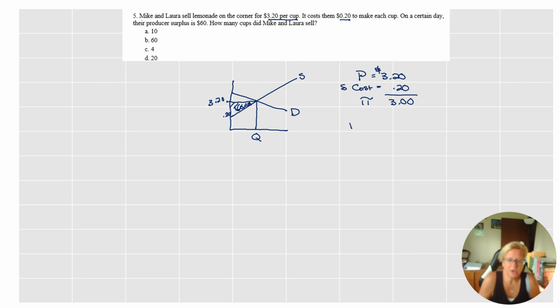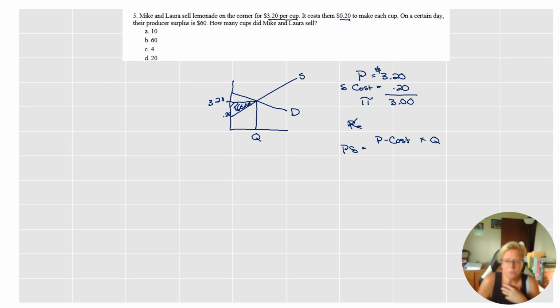We know that producer surplus is equal to the price minus the cost, times the quantity that we have.